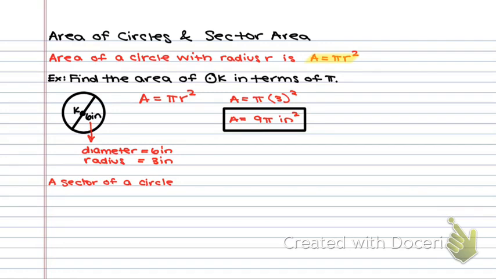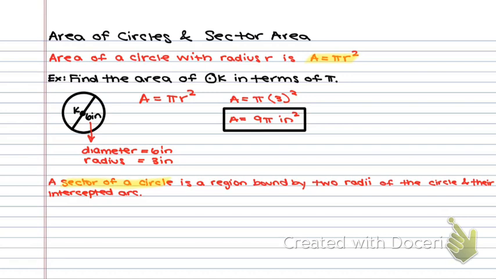So the sector of a circle is a region, it's a shaded area, bound by 2 radii, and radii is just plural for radius, of the circle, and their intercepted arc. Now when I draw a diagram, this is going to make way more sense, okay?